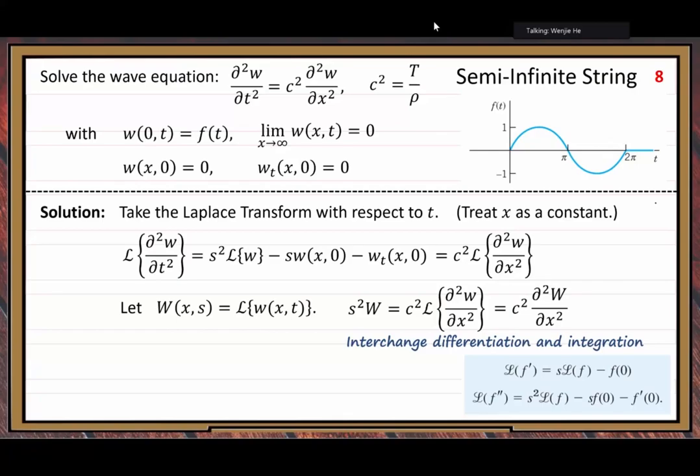The second derivative function needs to be continuous, so there is some condition there. But here, we do not get into the detail. We just assume our solution function is good enough to allow us to do the interchange operation.